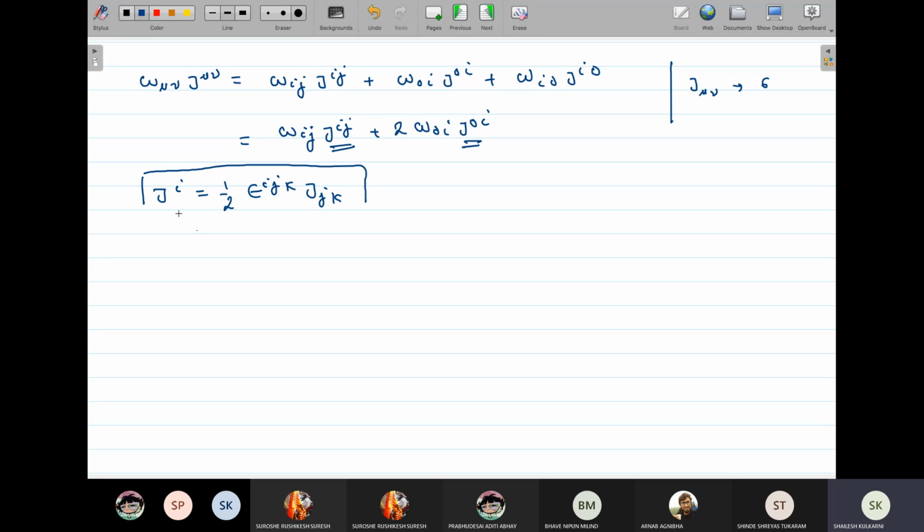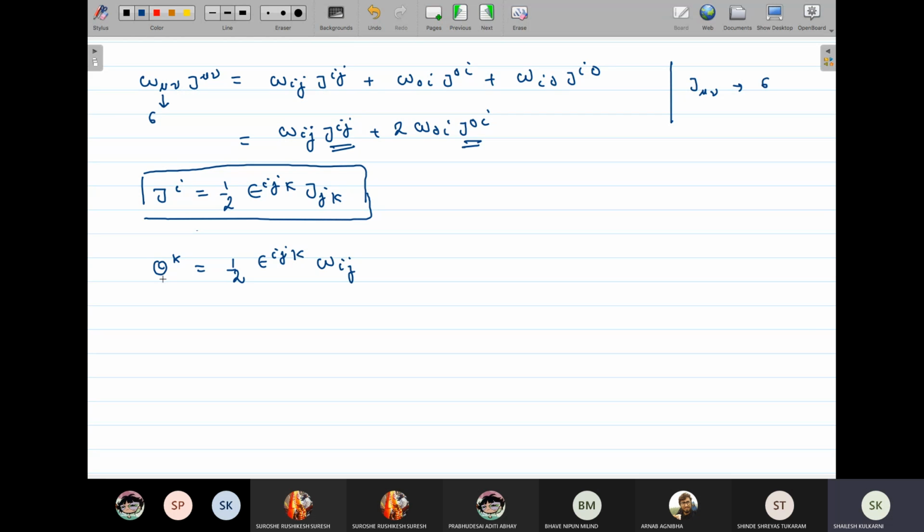Remember there are 6 parameters also. So there are 6 parameters omega_mu nu. What I will do is define again a 3-vector theta_k by half epsilon_ijk omega_ij.